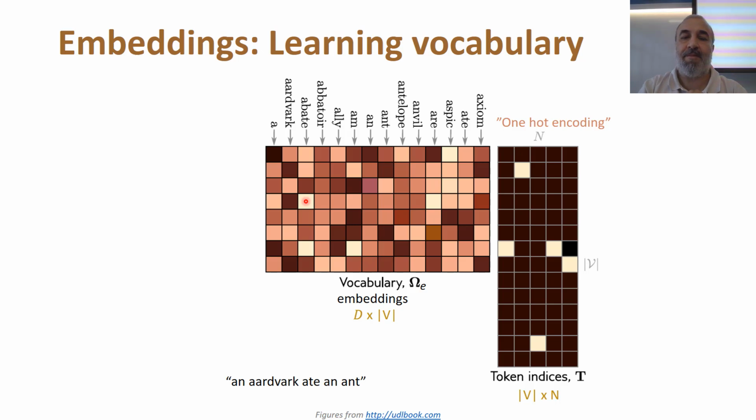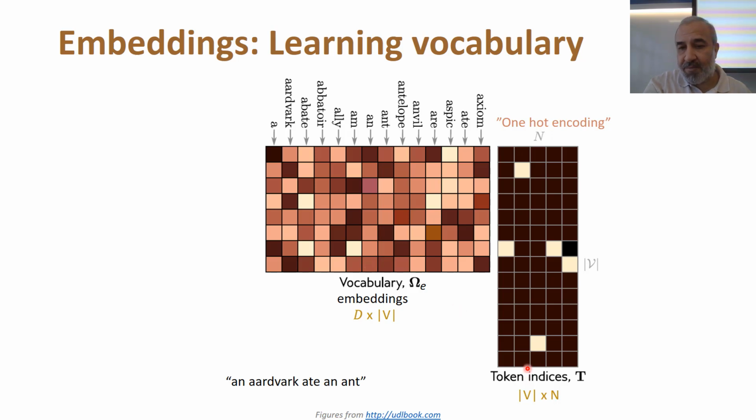When we multiply this matrix by this, it's like we are indexing for the right words. Here, this is an, right? When we multiply this column with this matrix, we will get the corresponding embedding vector of an, which is number 8 here, this one.